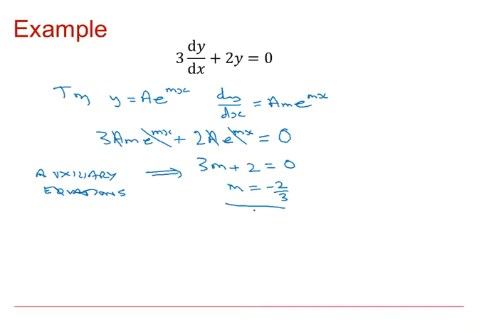So if y = Ae^(mx), and we've just found m, that means that y should be Ae^(-2x/3), and this is the general solution that we've been looking for.